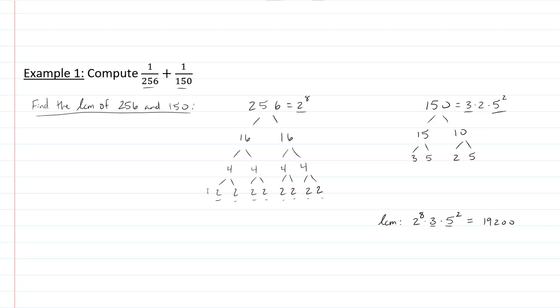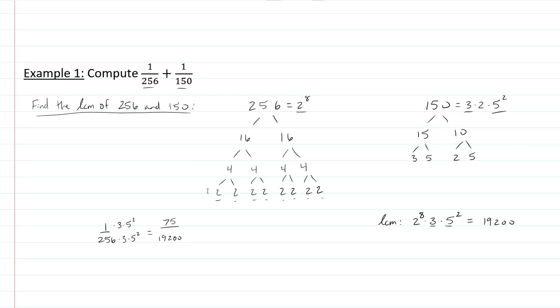So all we have to multiply 1 over 256 by to make the denominator 19,200 is 3 times 5 squared on top and bottom. So this ends up equaling 25 times 3, which is 75, over 19,200. So 1 over 256 is equivalent to 75 over 19,200.